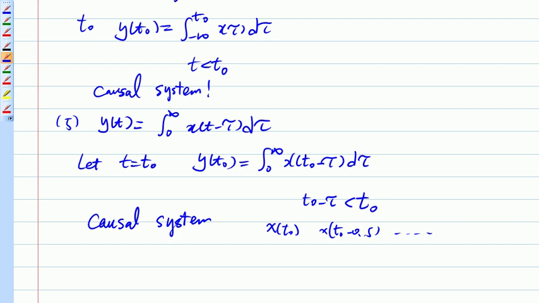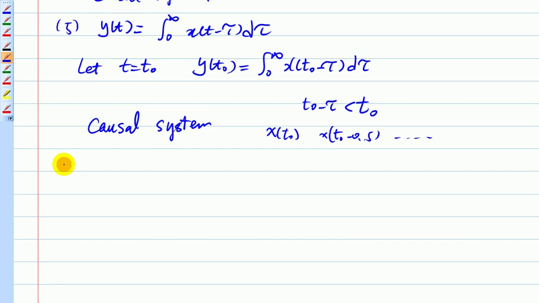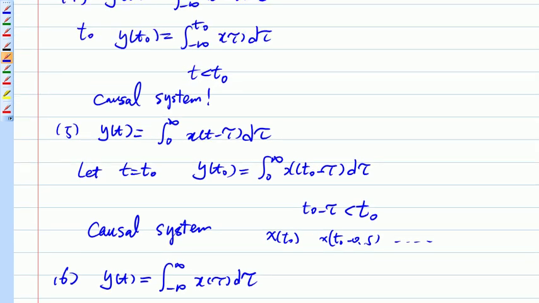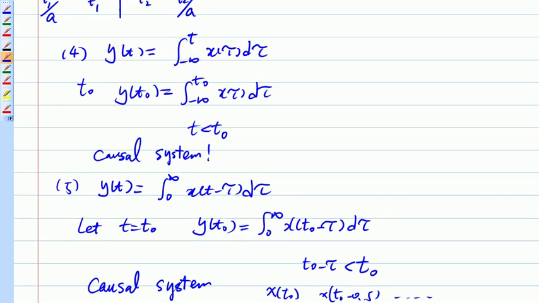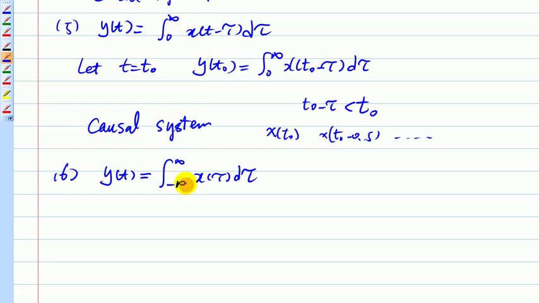And this actually reminds me of another thing: don't confuse yourself with causal signal and causal system. Okay, so the sixth one is this. Now this one is different. Now this one is from negative infinite to positive infinite. In question number 4, it's only from negative infinite to t. Now it goes past the current time t.